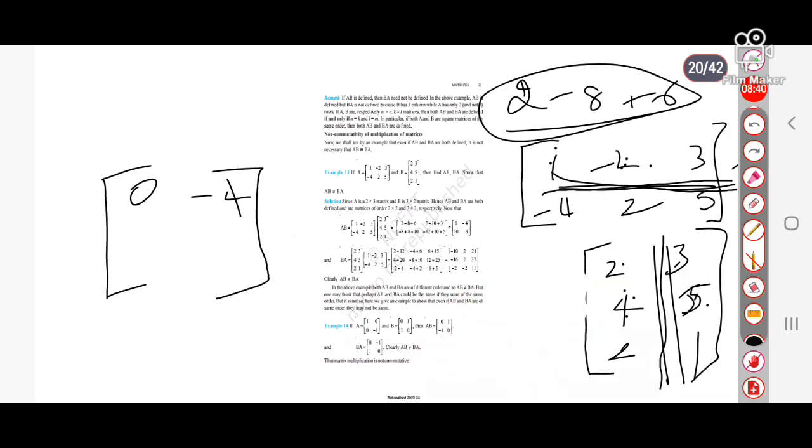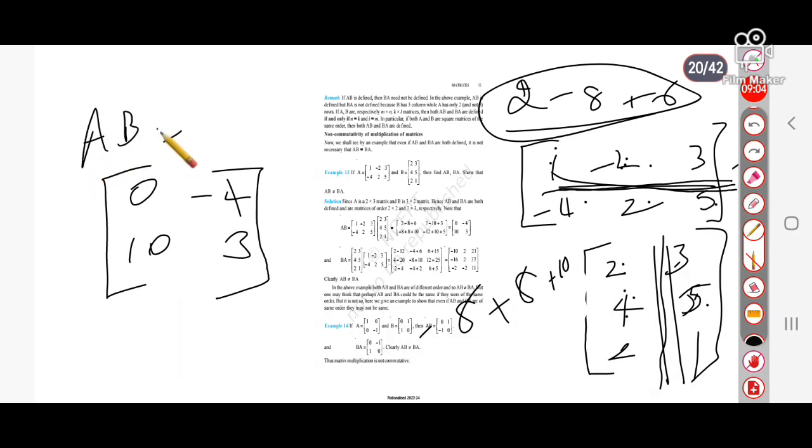Then the next one: minus 4 into 2 is minus 8, 2 into 8, then 5 plus 2 is 10. We get 10. Similarly over here 3. So this is the value of AB.